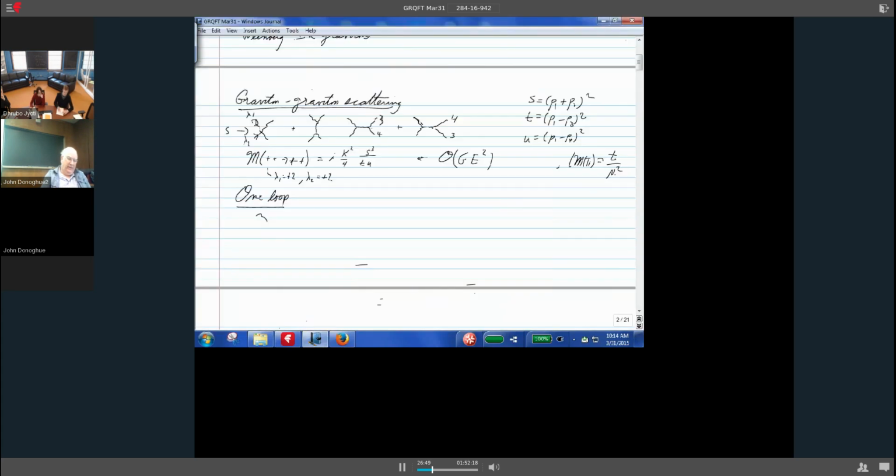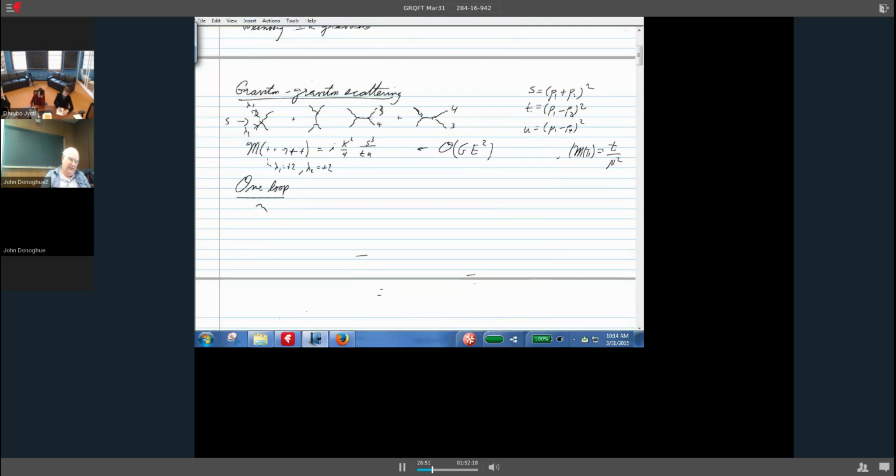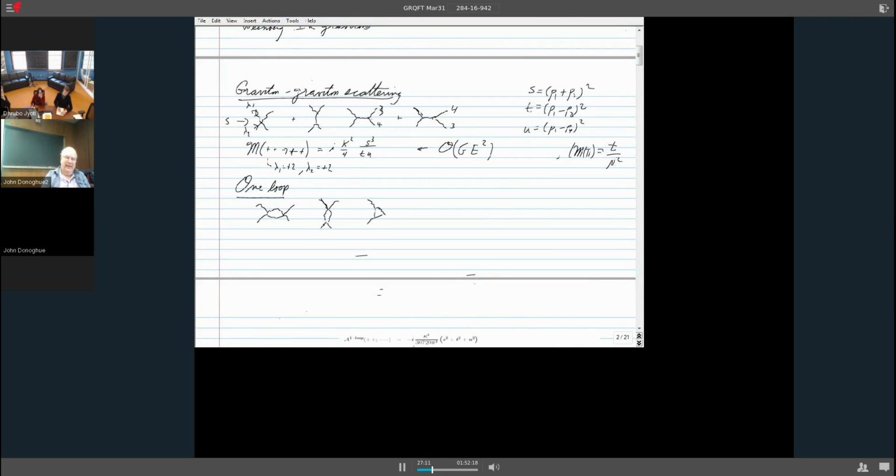So one loop. Well, you can start drawing diagrams here. Basically you take diagrams like you have and you start squaring them. So there's diagrams like this, but then diagrams like this guy too.